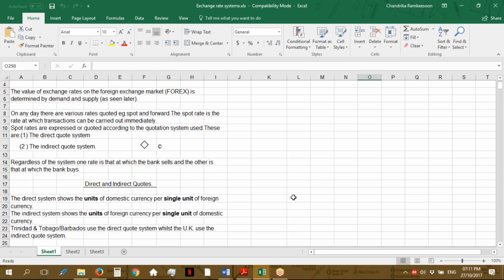And because of that, the selling and buying rules are opposite, in that banks would sell low and buy high, and that is very, very important. It's not as though they will make a loss if they do that. In fact, quite to the contrary, if they did it the other way around, they will make a loss, because it is the indirect system.